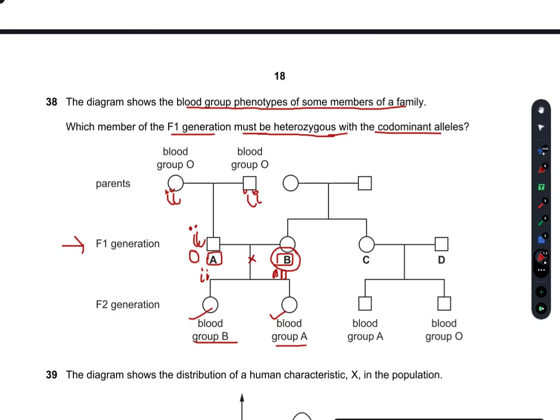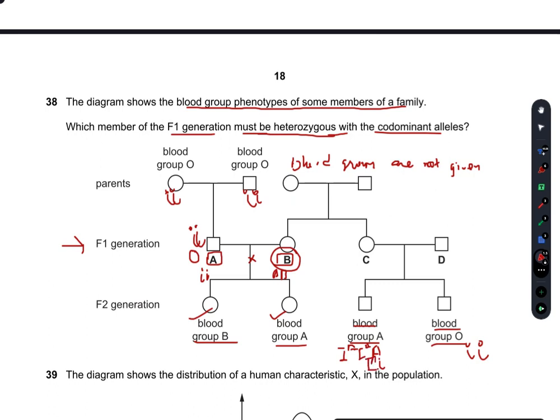Here we are not sure about the parents which have these blood groups. Blood groups are not given for the parents, but there is production of one blood group A and blood group O. So blood group O definitely has ii, whereas blood group A can be I^A I^A, or I^A and small i.